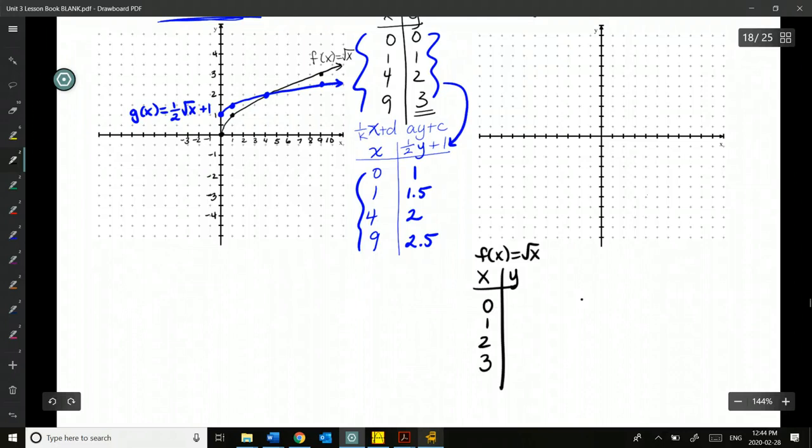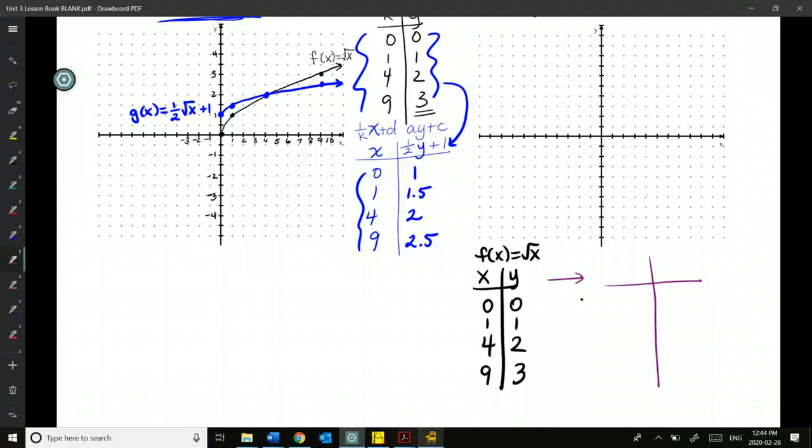Oh, sorry, I wrote the y coordinates accidentally. Okay, and the transformed function. What do our equations look like? Lauren?